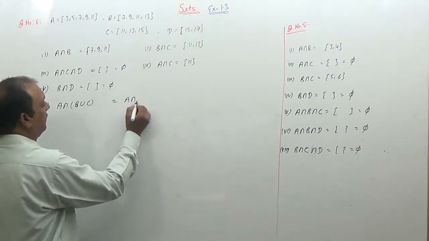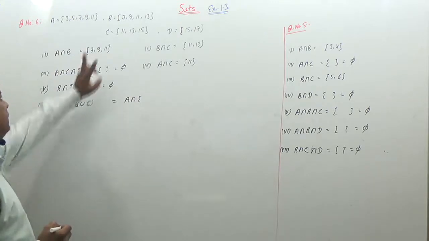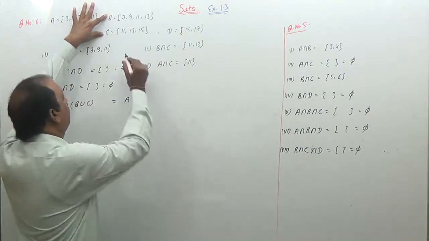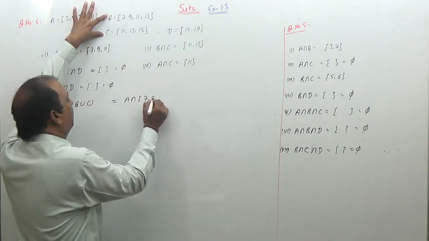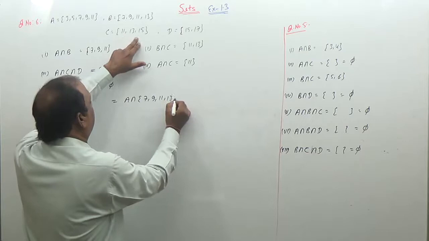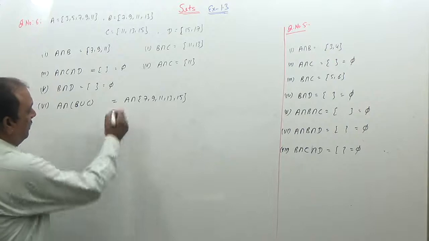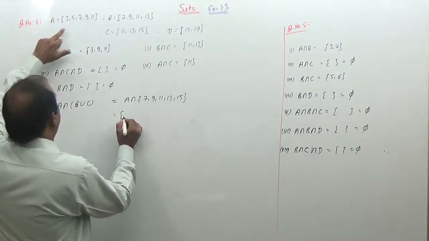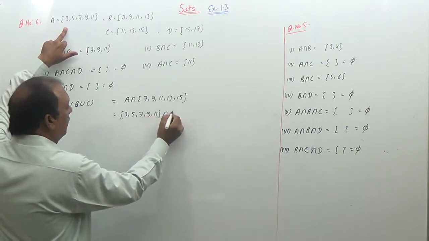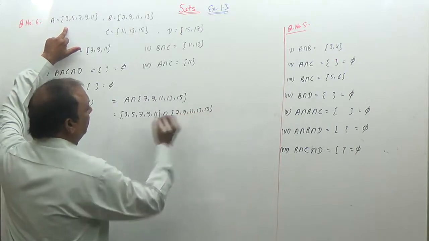So write down B union C. B union C means the set which contains all elements of B as well as C. तो B में एलिमेंट है 7, 9, 11, 13. फिर आप इसके एलिमेंट लिखें 11, 13 और 15. तो this is the B union C. अब आप A भी लिखें तो A सेट है 3, 5, 7, 9, 11 and intersection 7, 9, 11, 13 and 15.